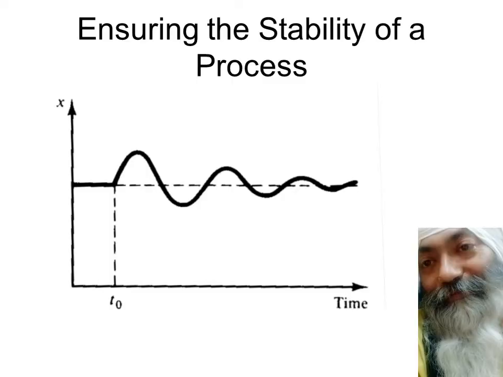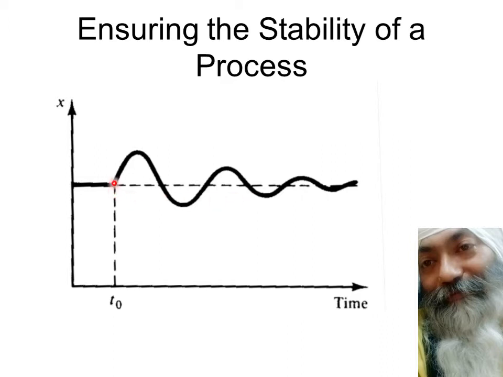We are going to the next objective, the second objective of process control, and that is ensuring the stability of a process. So what do you mean by stability? You can see over here you have some variable.